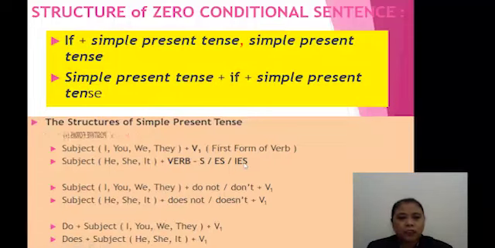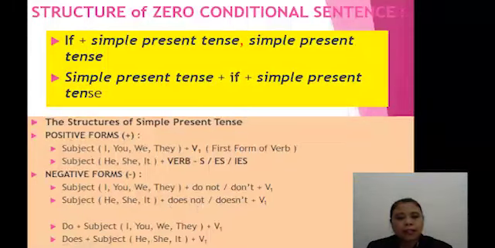That is the positive form. And then for the negative form, the subject I, you, we, they, plus do not or don't plus verb 1. Or if the subject is he, she, it, you will not use do not, but does not or doesn't plus verb 1.